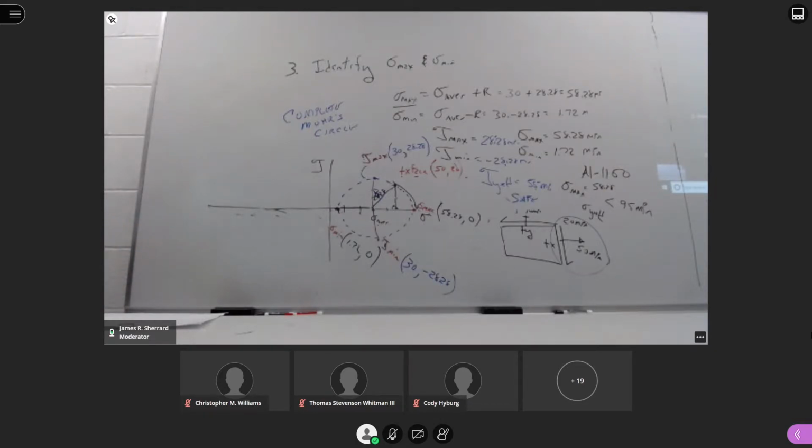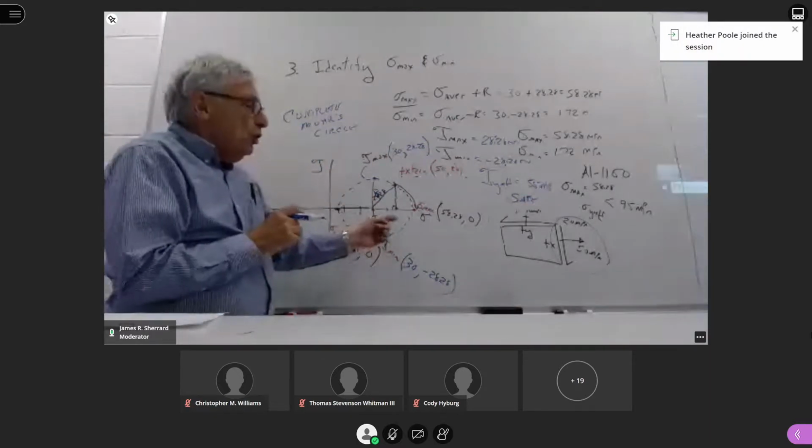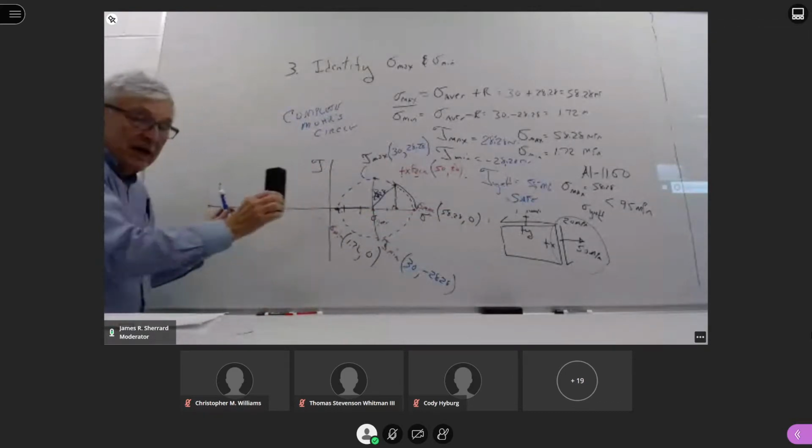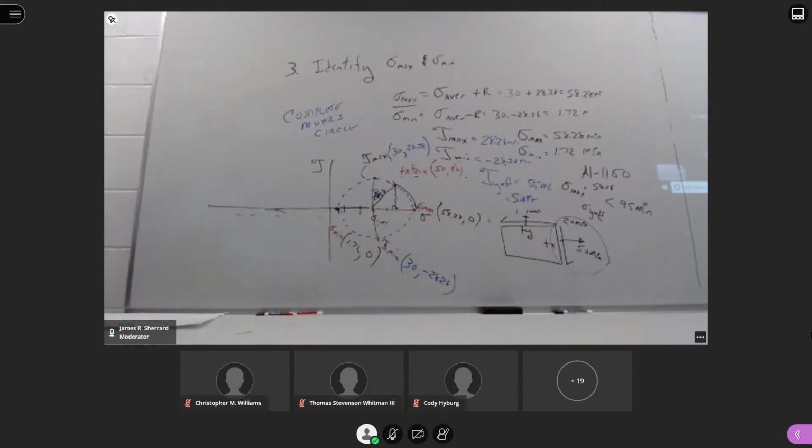Okay. Now, something you might want to do after that is show how these values would occur on our cube. Everybody with me so far?